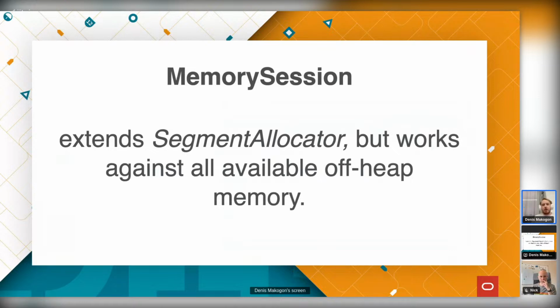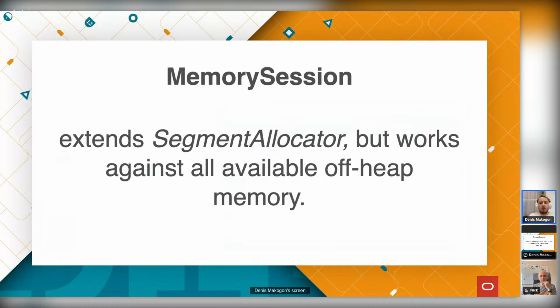In Java code, you can create a segment allocator that is bound to a memory session and use the same amount of memory, but that's not the typical workflow. In this situation, you should use the segment allocator to work with arenas.